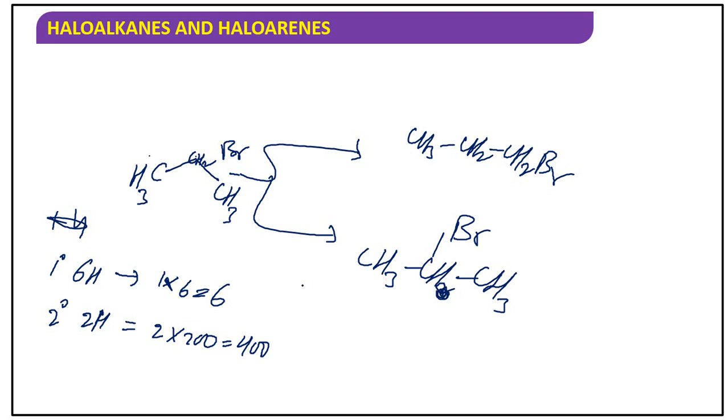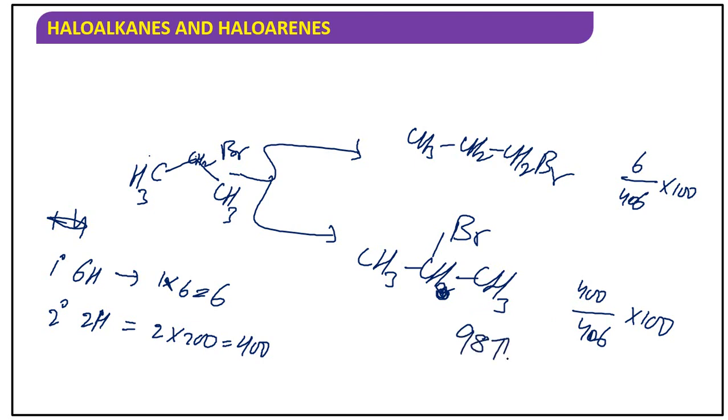How will you make it 100%? The total is 406, so 6 by 406 into 100, and 400 by 406 into 100. That means approximately 98 or 99%, more than 98%, we will get secondary only. See, this is the main difference.